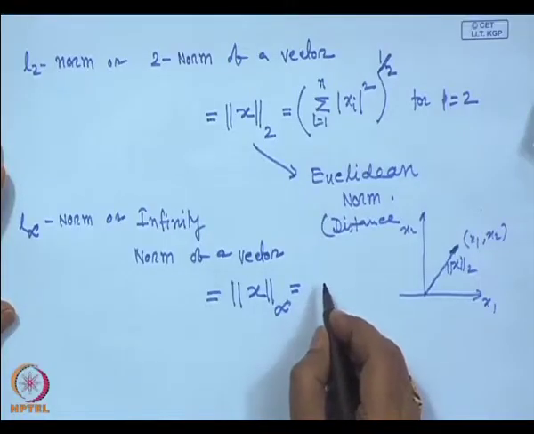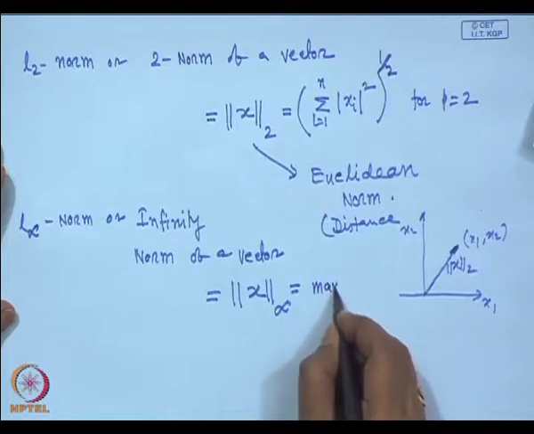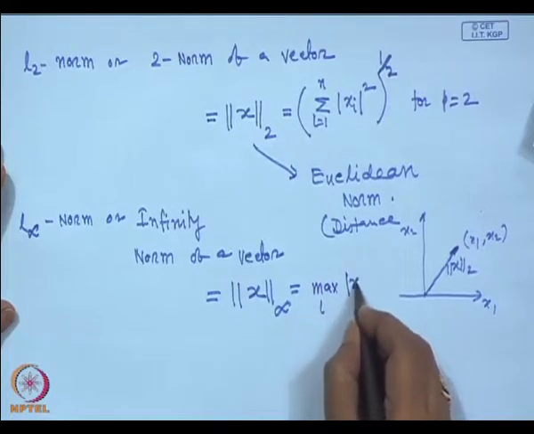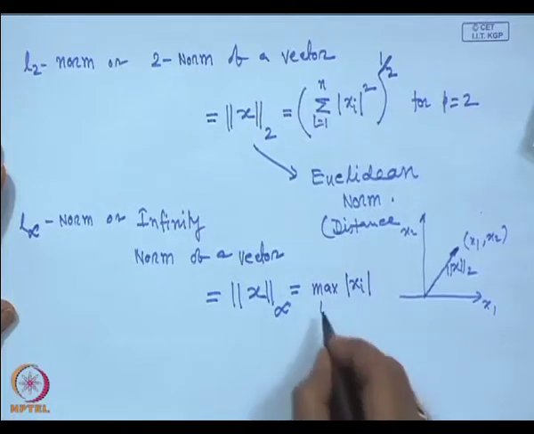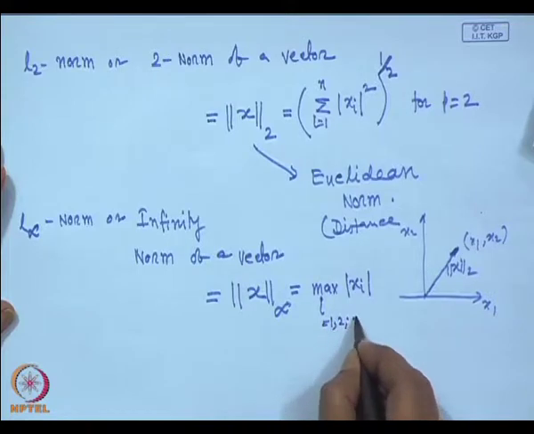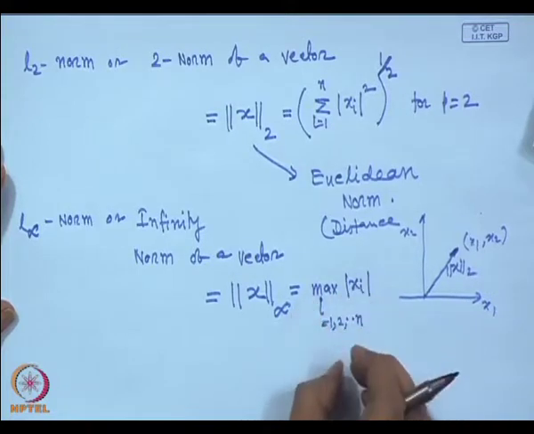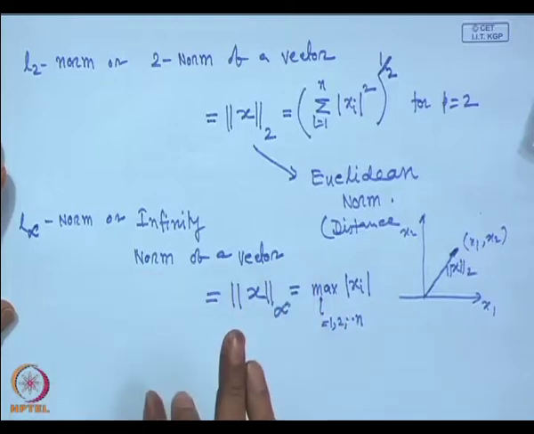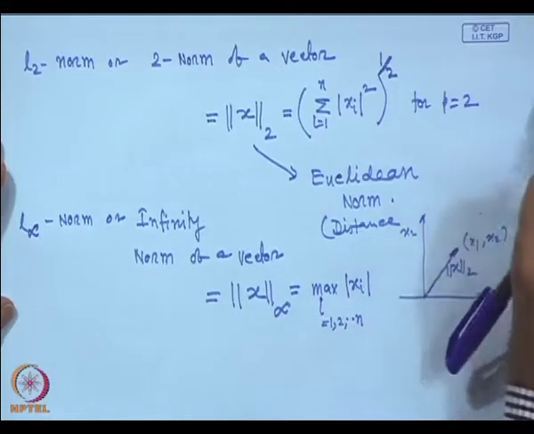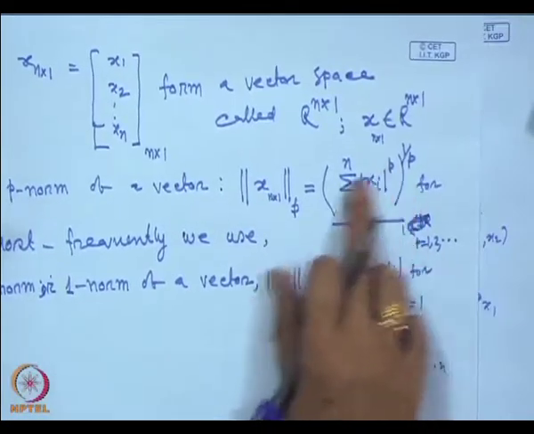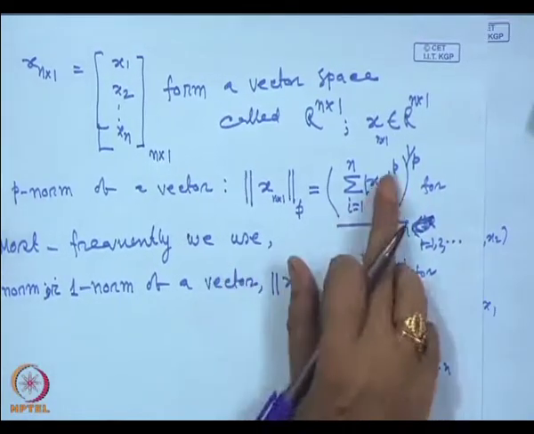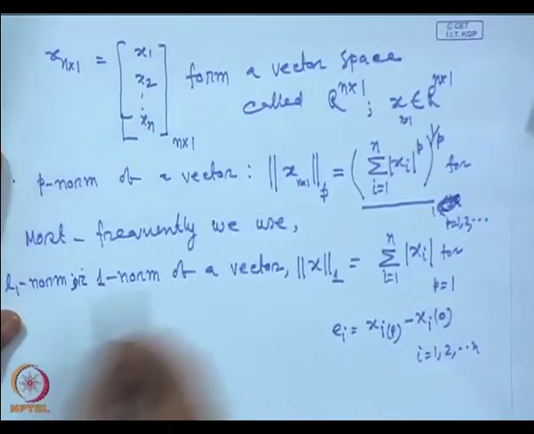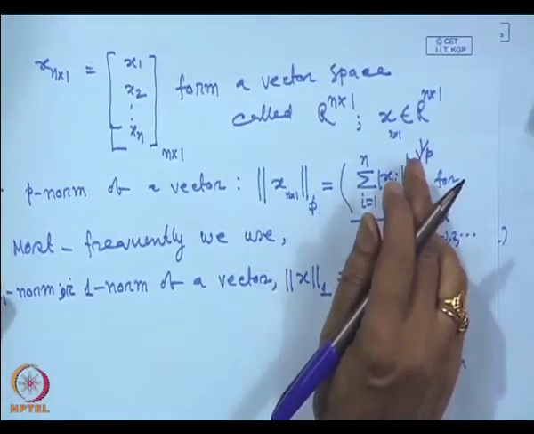So, the infinity norm, I am repeating, is max of |x i|, where i varies from 1 to n. Out of these, whichever is maximum, you take that as the infinity norm. The logic is this. Suppose we have 3 variables, x 1, x 2, x 3: x 1 is less than 1, x 2 is 2, x 3 is 5.